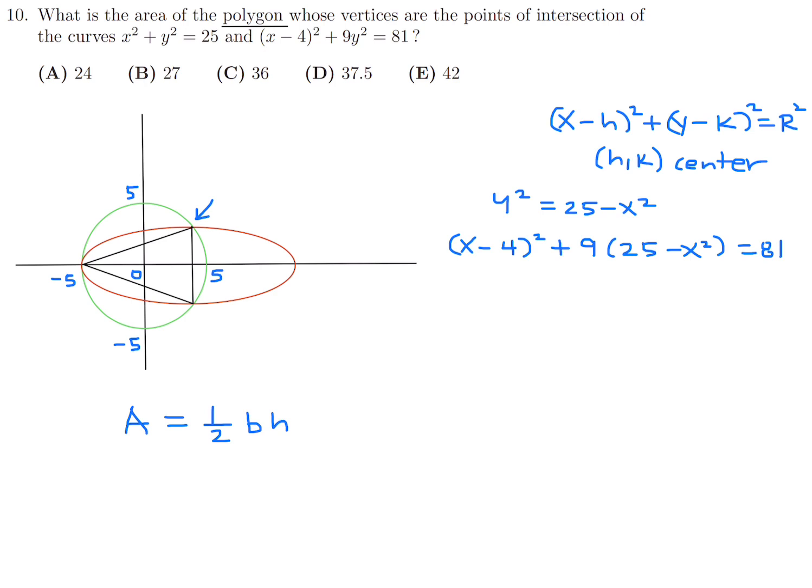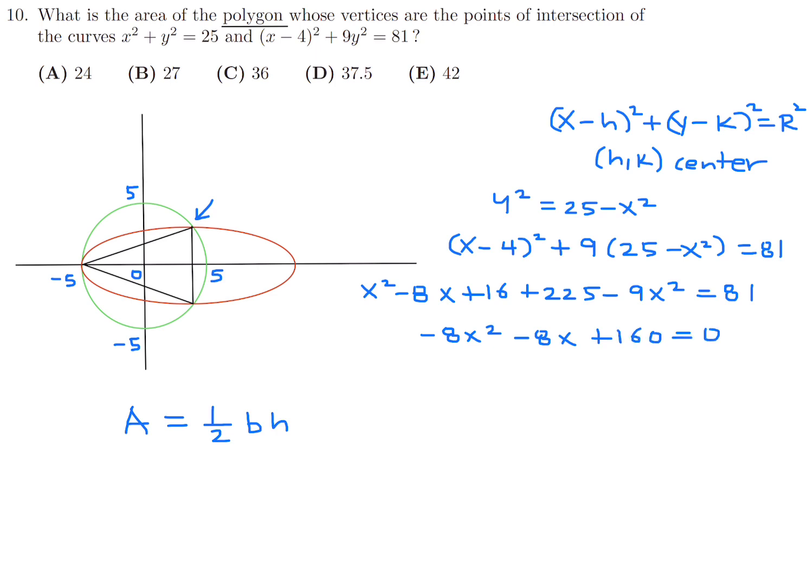All right, no tricks, just straight algebra. So we got x squared minus 8x plus 16, and this is 225 minus 9x squared, equal to 81. Let's put everything on one side. If we do, we get minus 8x squared minus 8x plus 160 is equal to 0.